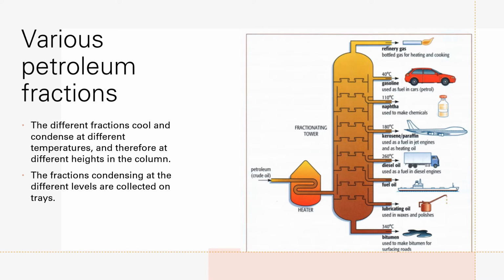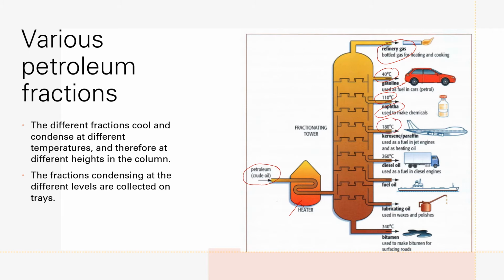Here, we pump petroleum or crude oil at the base of the tower and then heat it up, and then the fractions will boil. The first we have is refinery gas, and then around 40 degrees Celsius gasoline or petrol, which we use as fuel in cars, and then around 110 degrees Celsius we get naphtha, used to make chemicals.